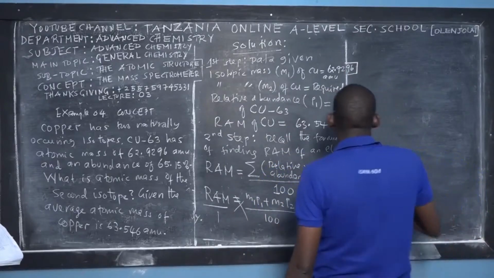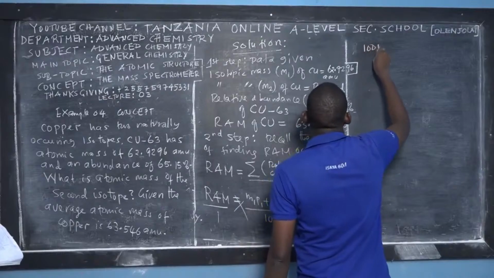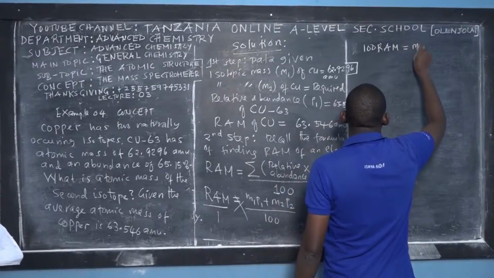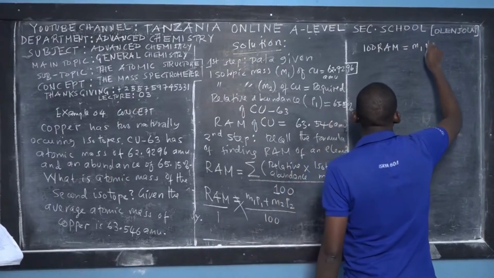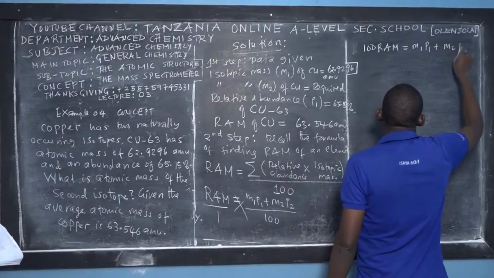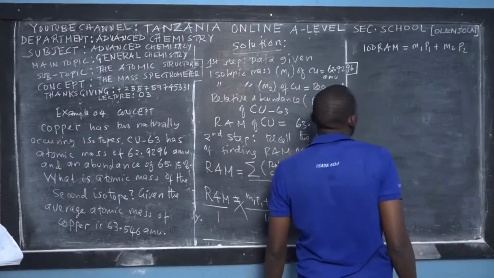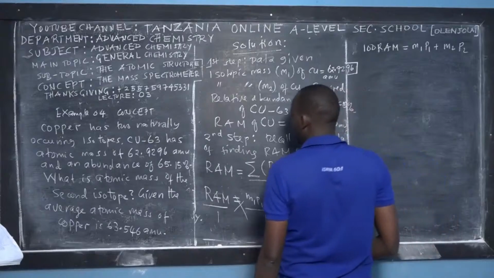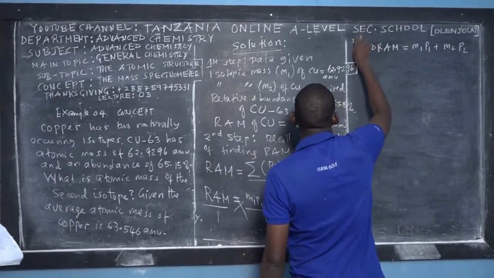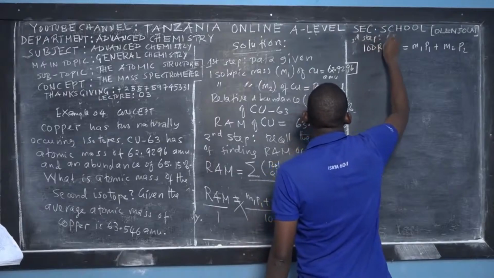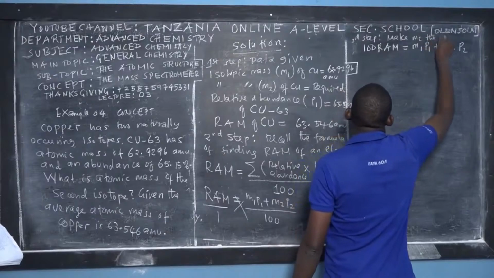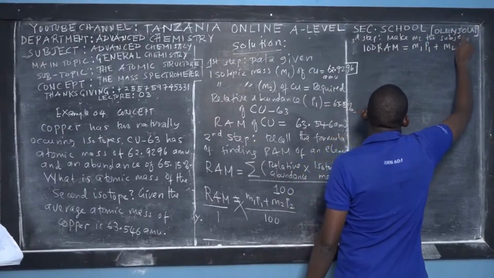So if you cross multiply, we have 100 times the relative atomic mass equal to the first isotopic mass times percentage 1, plus mass 2 times relative abundance 2. You want to make this one the subject, so that is the third step: make M2 the subject, because we are looking for it, not the relative atomic mass.